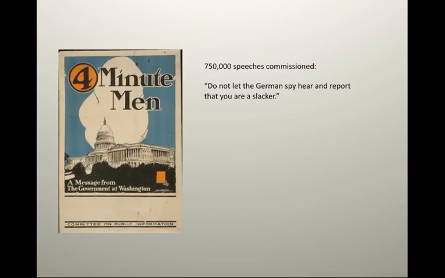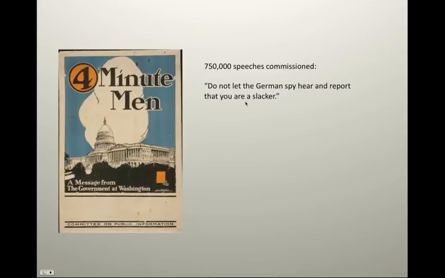750,000 speeches were commissioned by the so-called Four-Minute Men during the war. These were government-hired speakers who, on a moment's notice almost anywhere, a schoolyard, a church, a park, a busy street corner in a city, could mount the platform and give a rousing patriotic speech in four minutes or less. 750,000 speeches commissioned during the 18 months or so America was in the war.